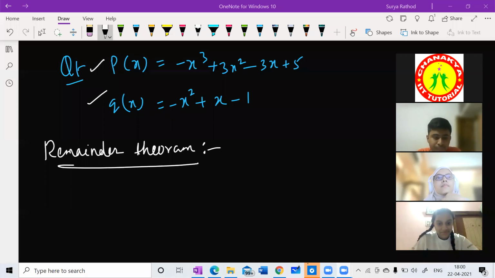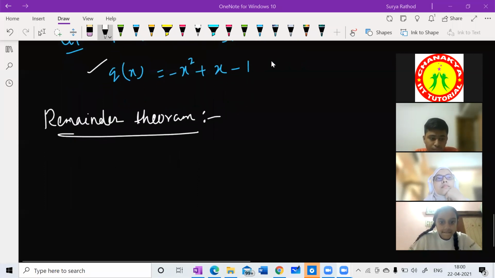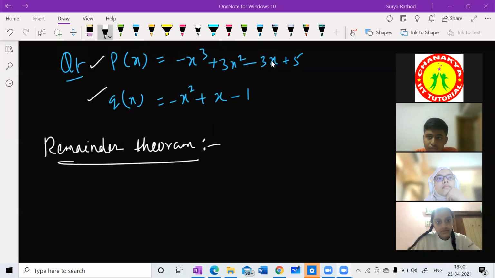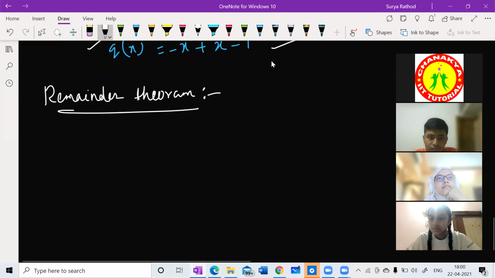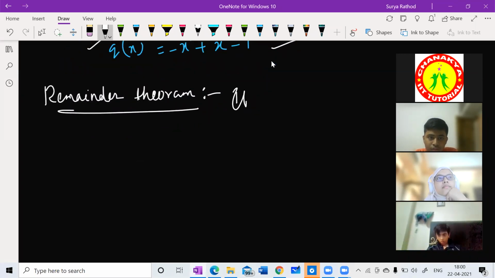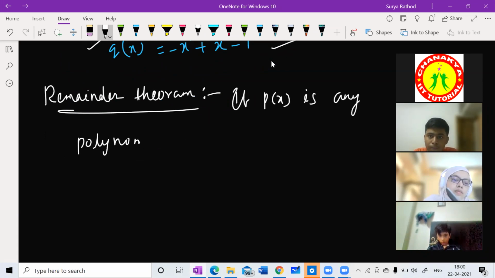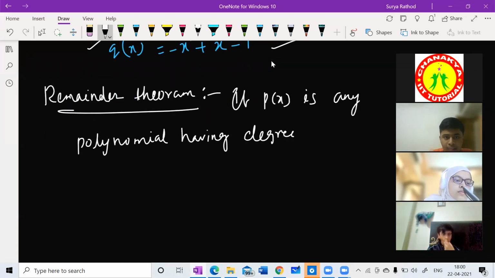See, the remainder theorem. What exactly does the remainder theorem say to us? Suppose I give two names here, P of X and Q of X. Let me write here. If P of X is any polynomial, it has degree greater than or equal to 1.